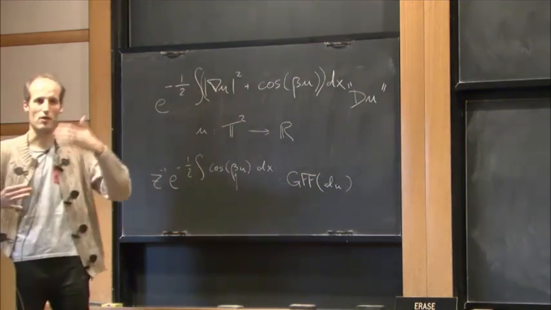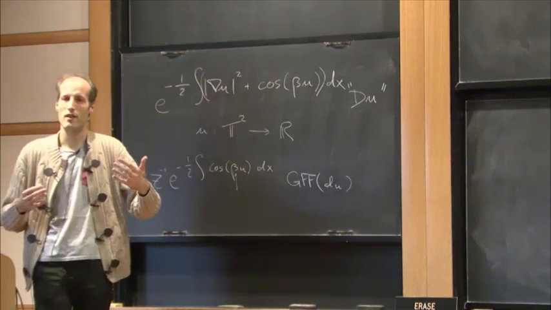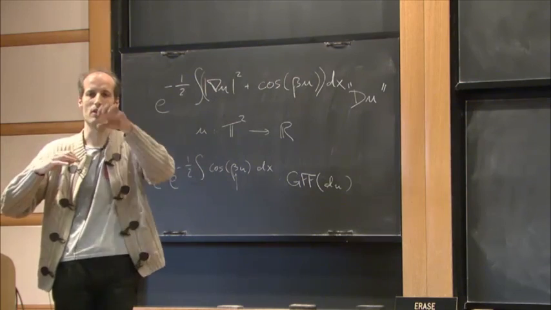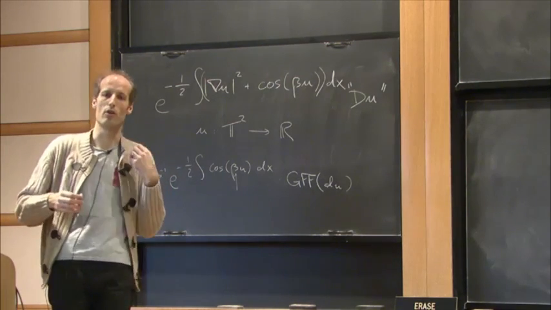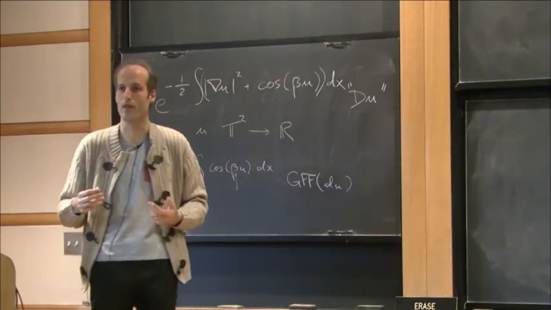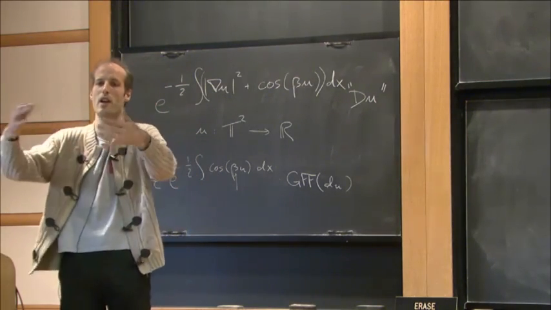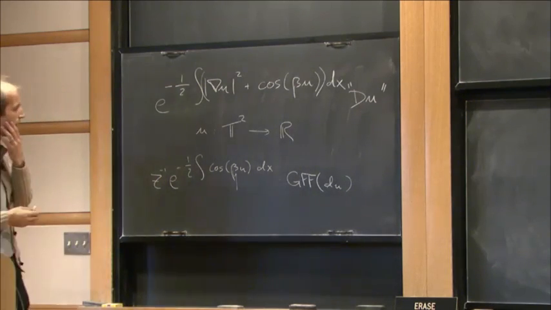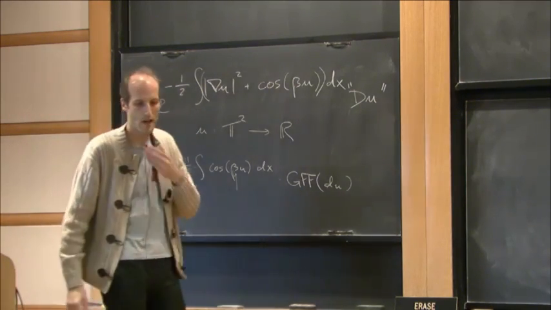If beta is too high, then the theory is not renormalizable at small scales, and if it's low, then it's renormalizable at small scales. So it's like the dimension in usual theories, where they are badly behaved at small scales in high dimensions, and well behaved in low dimensions. So it's a nice toy model for that.